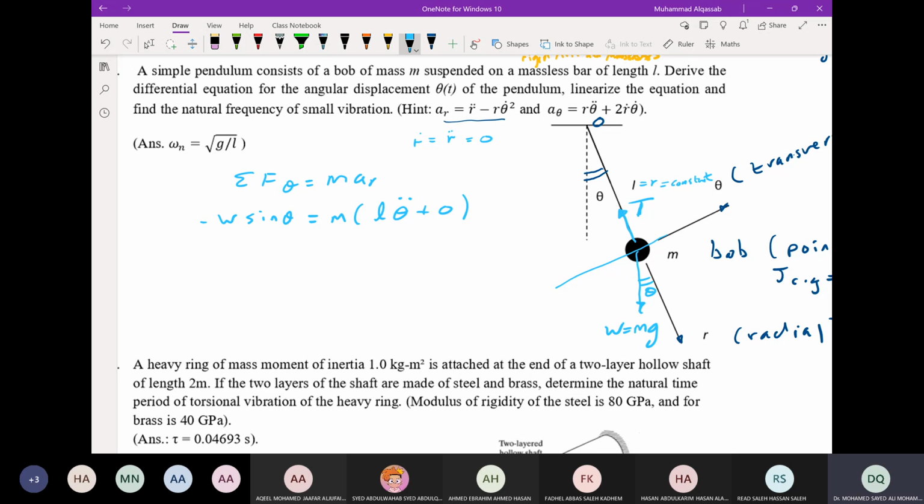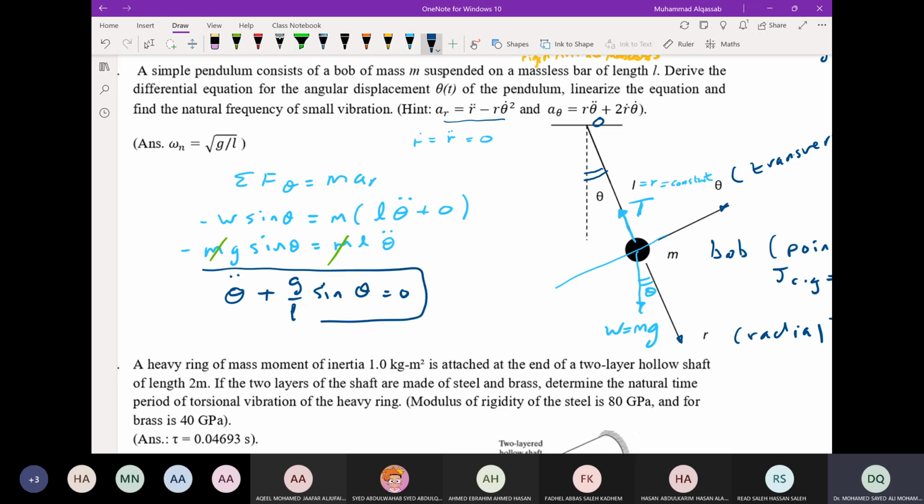And W is mg, so it is minus mg sine theta equal to ml theta double dot. As you can see, M and M cancel out, and you can divide by L. So this becomes theta double dot plus g over L sine theta equals 0, which is the nonlinear differential equation because of sine.